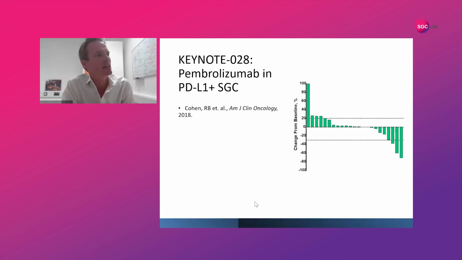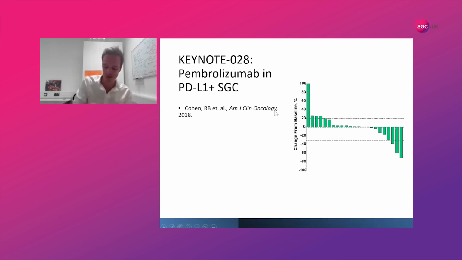And so this is the response plot in PD-L1 positive salivary gland cancer. I actually don't know if any of these patients had acinic cell, and if they did, it would have only been one or two of them. But the principle was it was patients with PD-L1 positive salivary cancers. You can see it's not a strong signal. Three of about 20 patients had significant tumor shrinkage, as in measured change from baseline going down here.